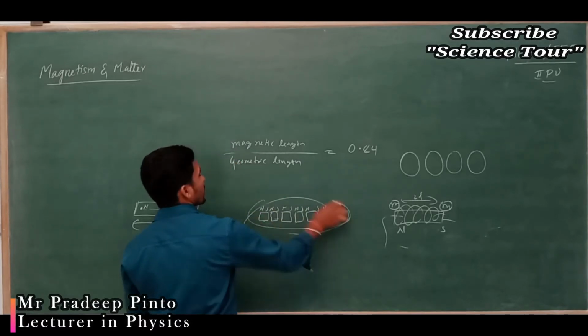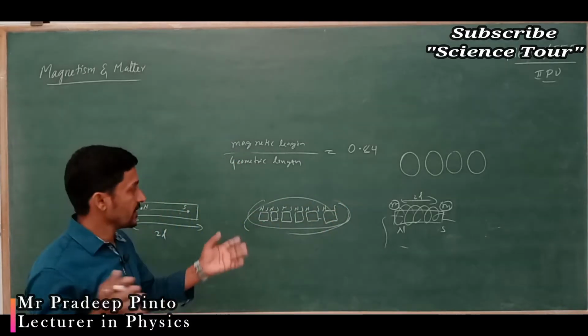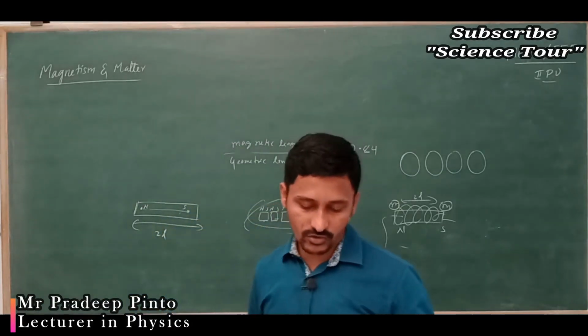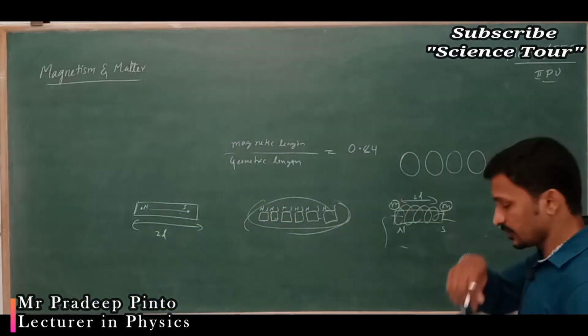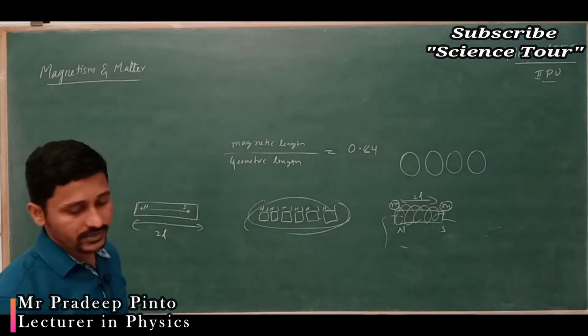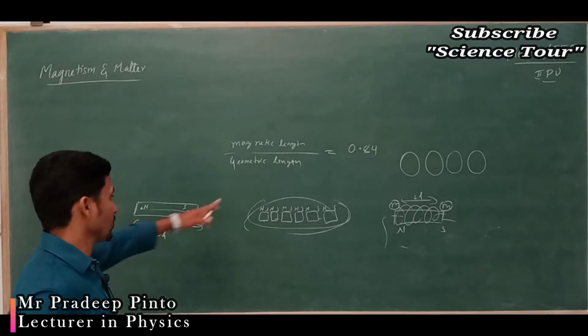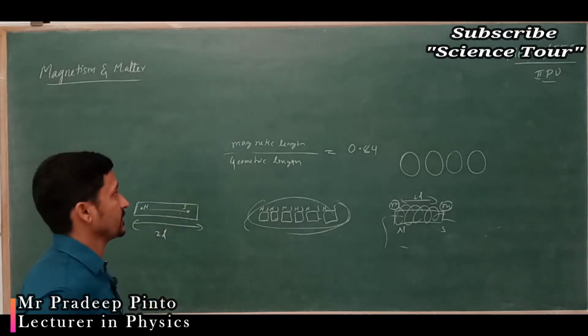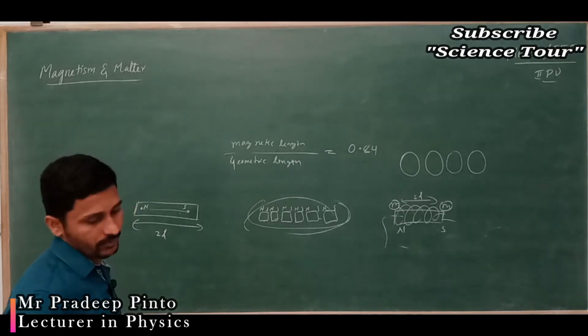So you get an arrangement of many magnets, and that is nothing but a solenoid, right? The poles appear slightly inside the ends of the bar magnet. This is what we spoke about as the geometric length and magnetic length.